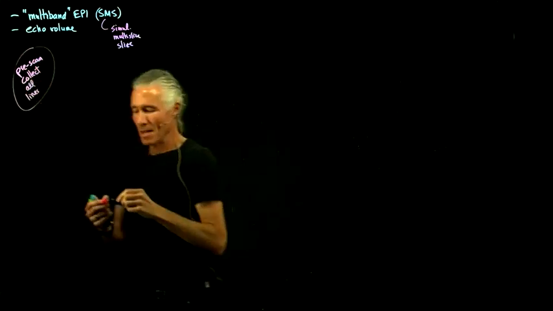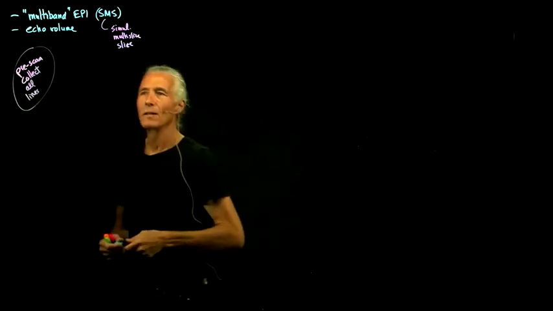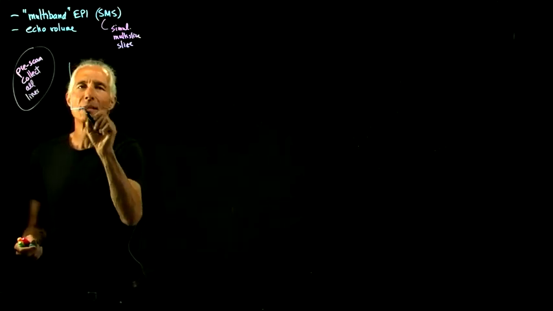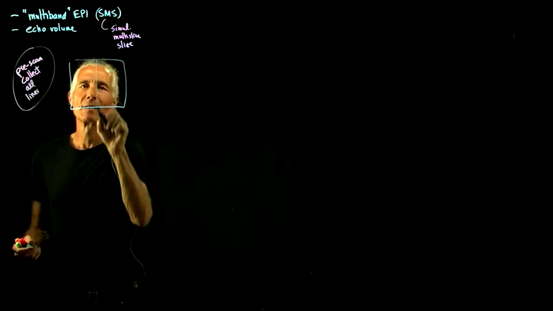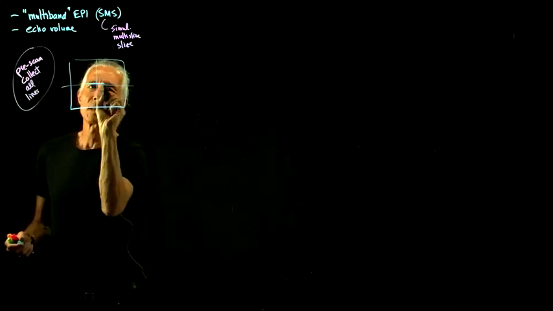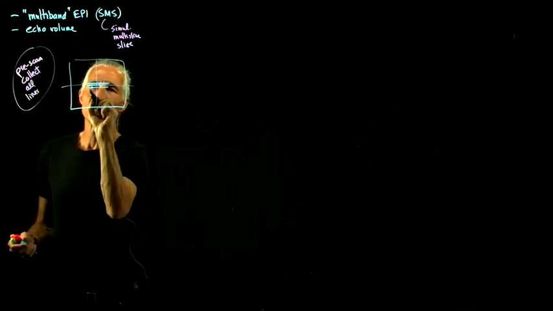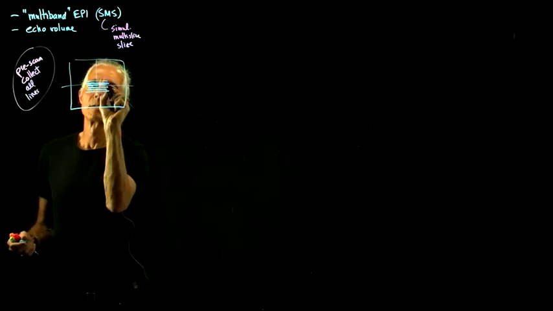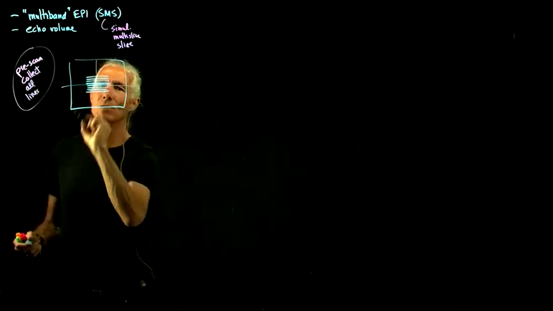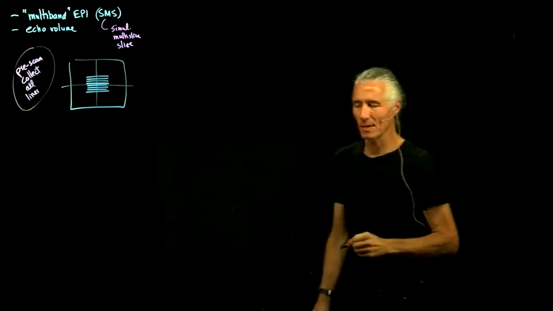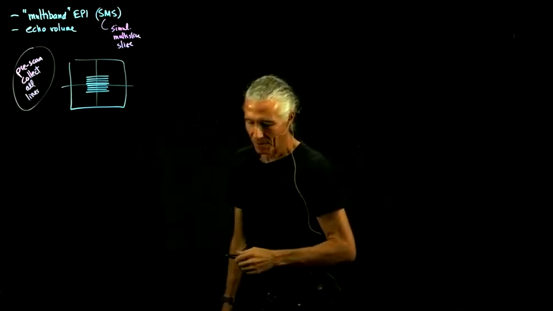So what does that look like? We just have our k-space data here, and we collect all the lines of k. Don't leave any out. And mainly we'll concentrate on the middle of k-space because that's where the signal is the biggest.